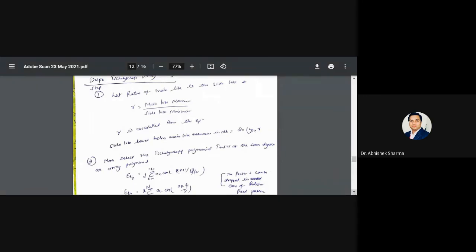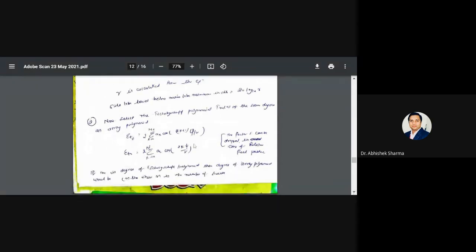Now step 2 will be to select the Chebyshev polynomial of the same degree as the array polynomial. Now we know that we have two polynomials, one for even and another for odd.